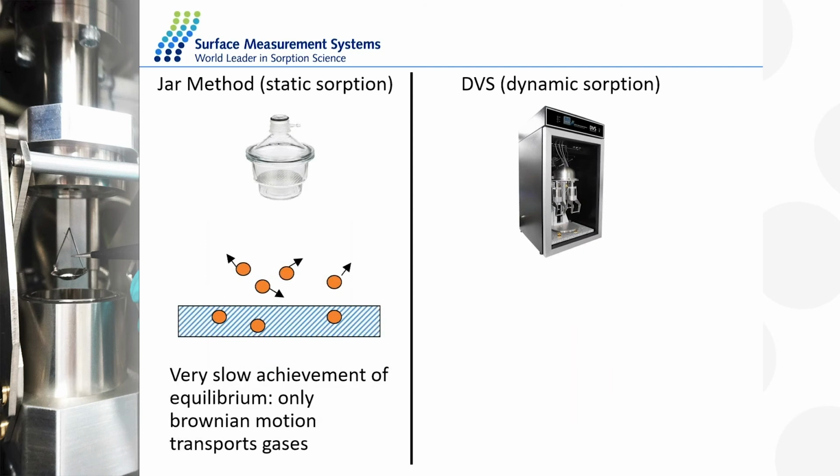The difference is not only that the amount of sample used is different, but also the way the equilibrium is reached. In a jar method, we're talking about a static process.